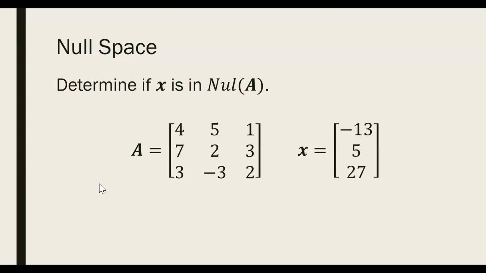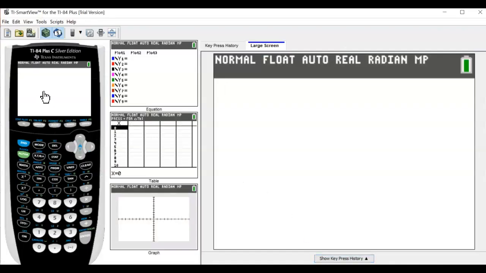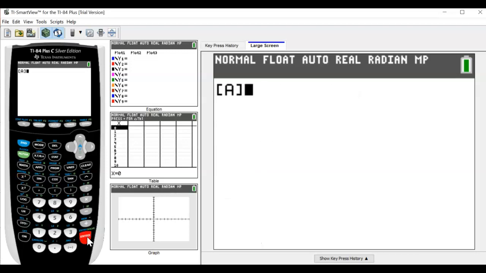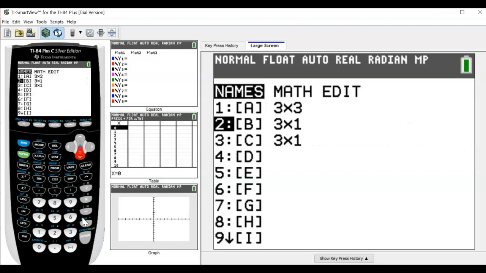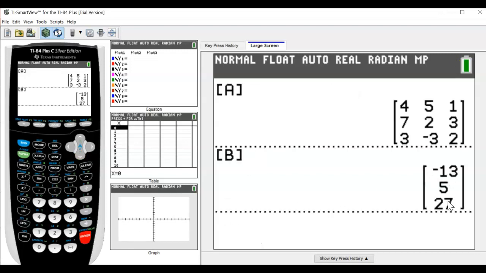All right, so this is a matter of just taking A, multiplying by X, and seeing if we get the 0 vector or not. So I'm going to do that with my calculator, okay? If you want to do that by hand, that's fine. Just do a row column expansion. But I'm going to do that with the calculator. I already have my matrix A as the matrix that I want, the 4, 5, 1, 7, 2, 3, etc., etc. And my matrix B is already the column vector that I want, negative 3, 5, 27.